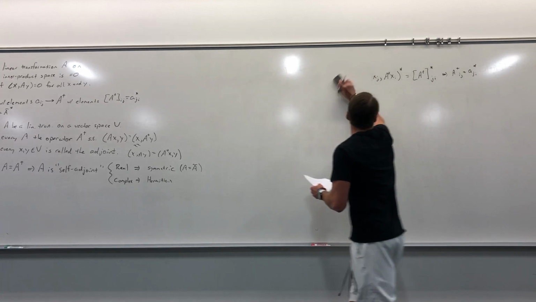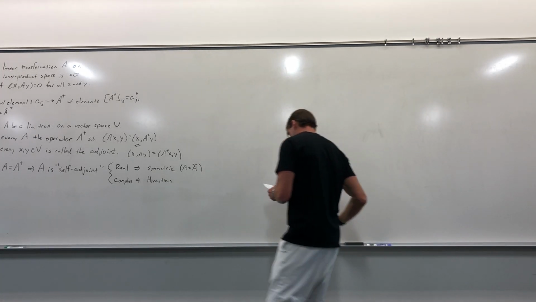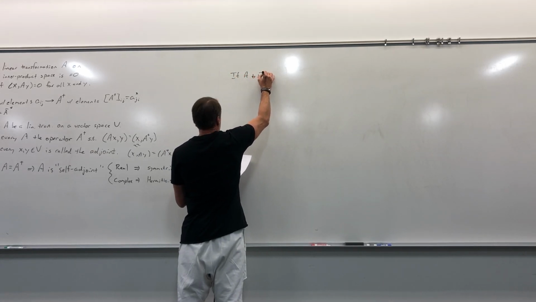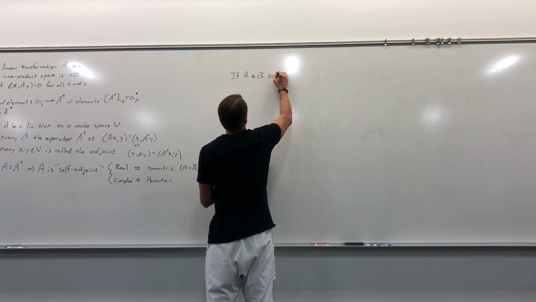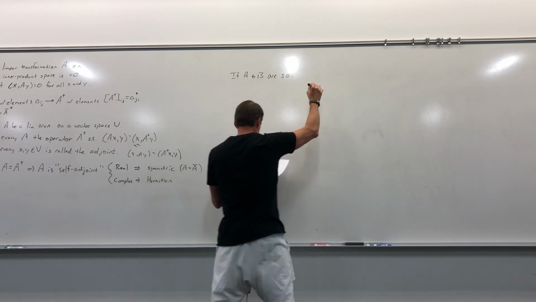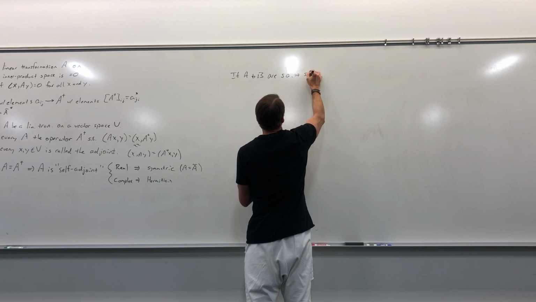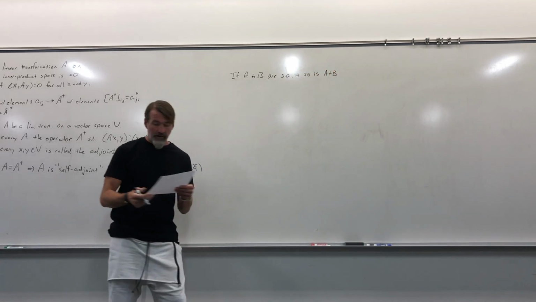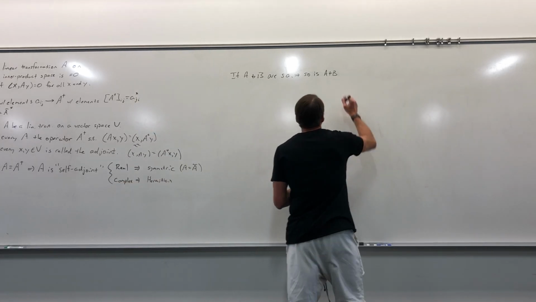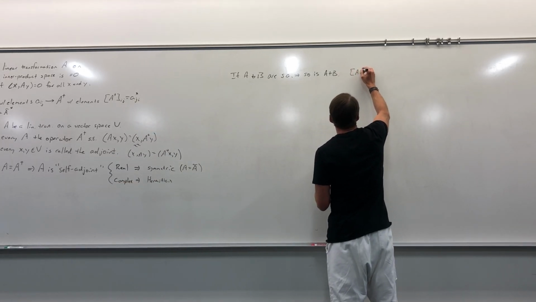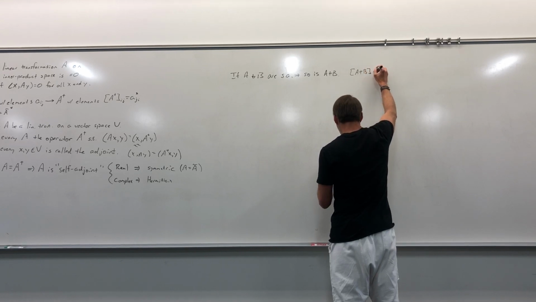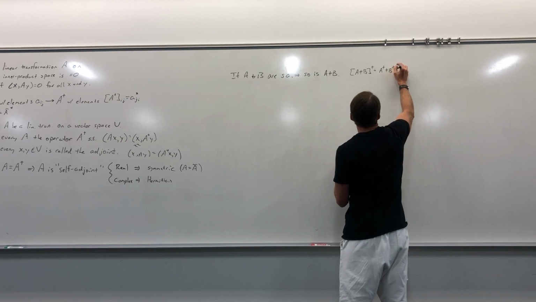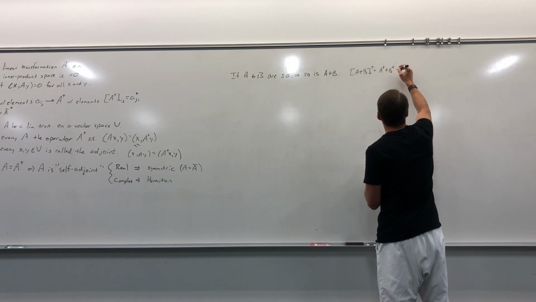So we can say if A and B are self-adjoint, so is A plus B. This is pretty easy to prove. We just say (A plus B) dagger is A dagger plus B dagger using the linearity of the adjointing.